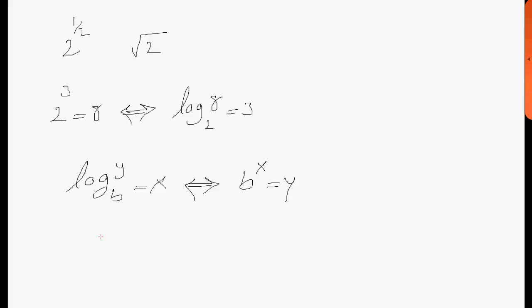The way I memorize that is: logarithm of y base b equals x, I just have these two arrows in my mind. This means b to the power of x is y. This is equivalent to that.